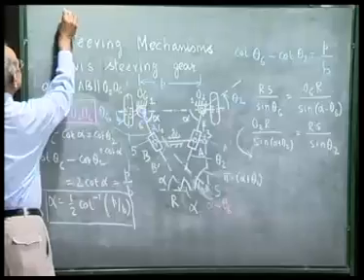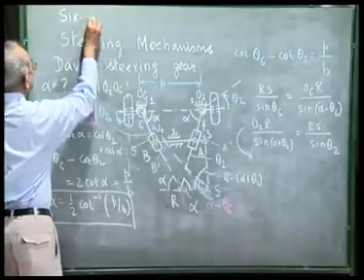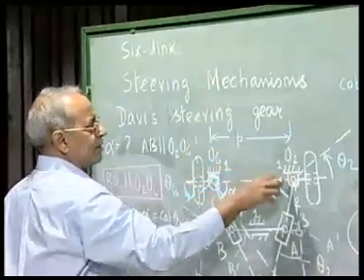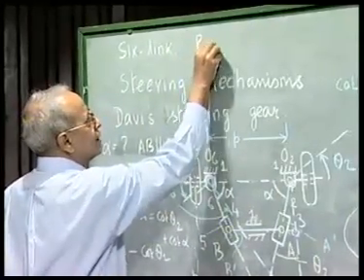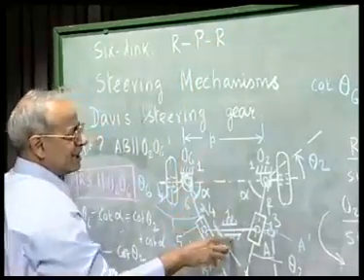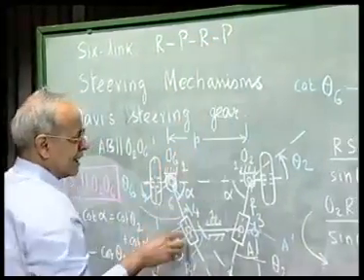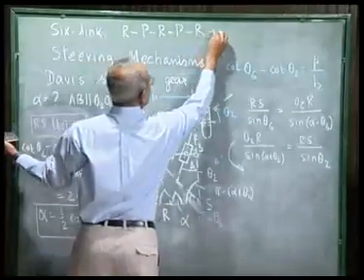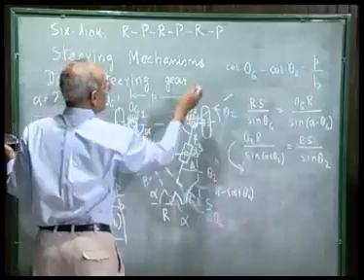So, this is a 6-link mechanism where we have R, then a P pair, then again an R pair, then again a P pair, then again an R pair, then again a P pair and an R pair.